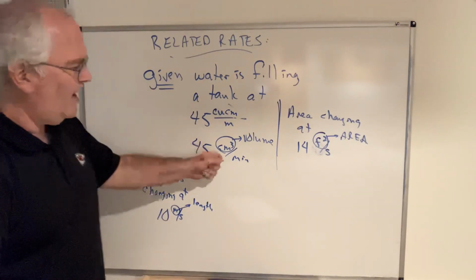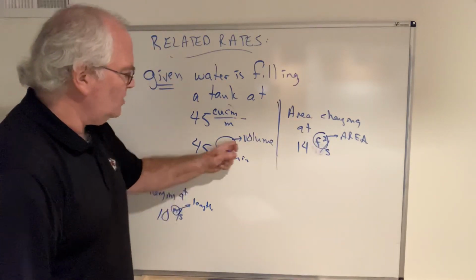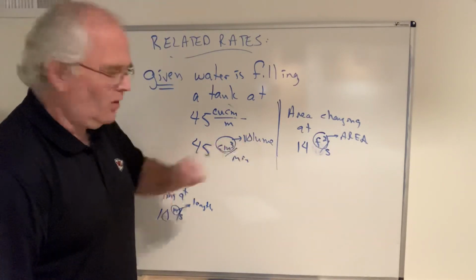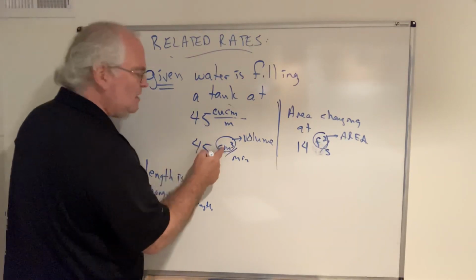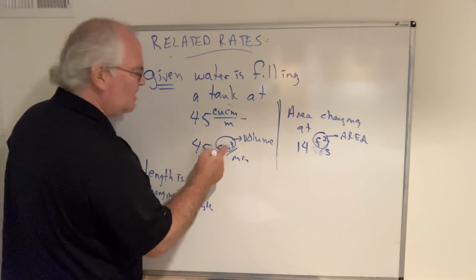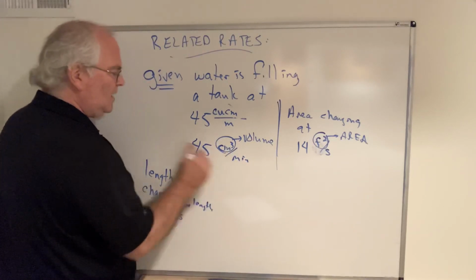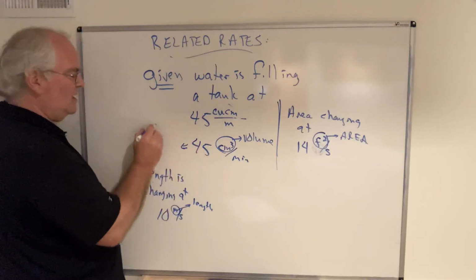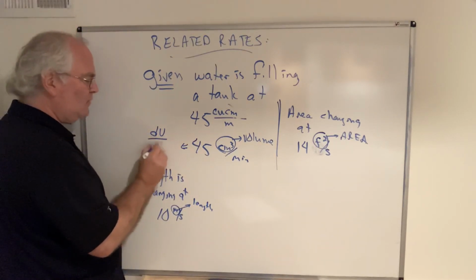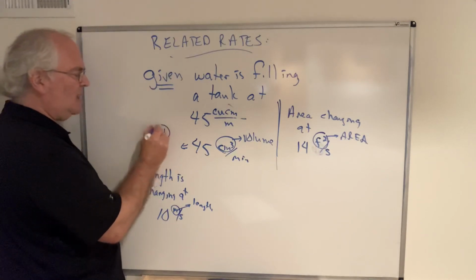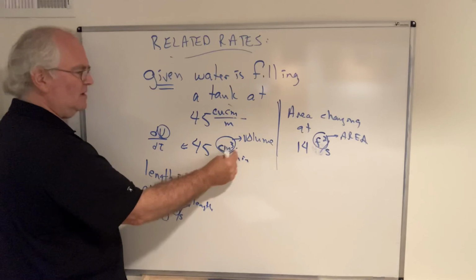So if you're very careful just to look at the information you're given, it can tell you what unit you're working with. And so if I have 45 cubic centimeters per minute, I know this is giving me the rate of change of volume with respect to time, because volume is cubic centimeters.